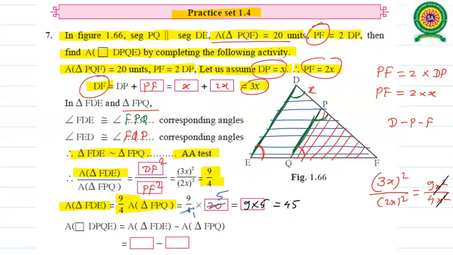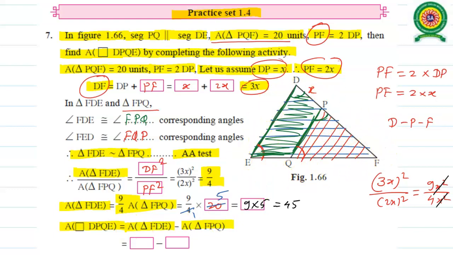So now we have to find the area of quadrilateral DPQE. Look at the green shaded quadrilateral. This quadrilateral is the area we have to find. How to get that? We have to subtract the area of triangle FPQ, this red shaded triangle, from the overall triangle FDE.